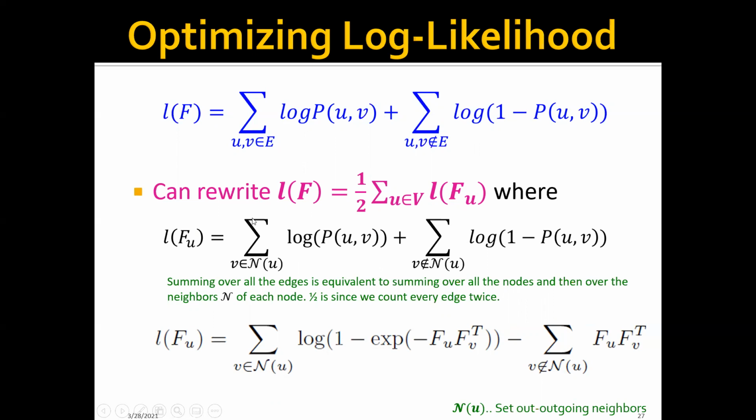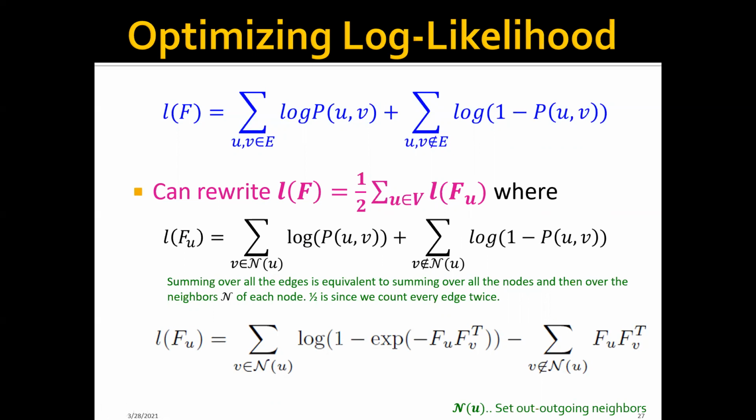So if we look at it carefully, you can see that this first large term is related to node U's neighbors. So for every node V which is U's neighbor, we will have this one log term. And for every node V which is not the neighbor of node U, we will have the other term here.